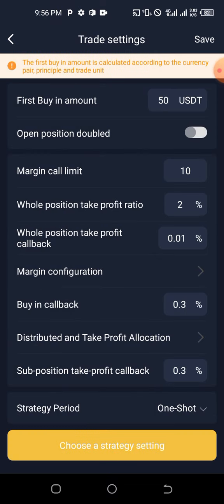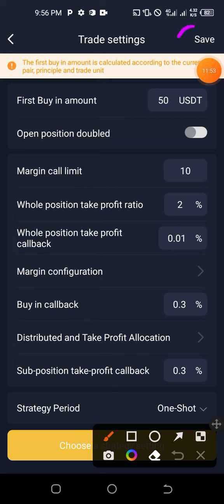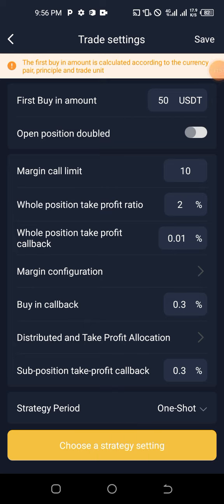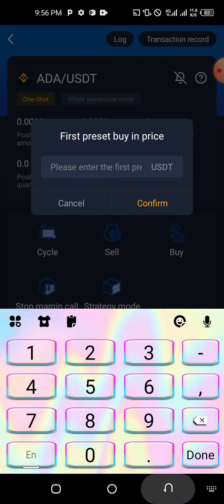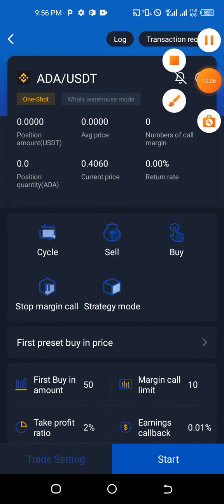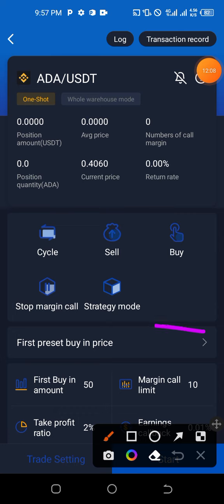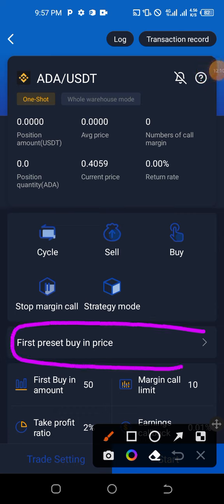Then you save. Make sure you come here at the top. Then you save here at the top. Always save. And maybe if the coin was to preset it, you can come here and put the price. Ladies and gentlemen, after doing your settings, you come here and put the price that was given on the signal.